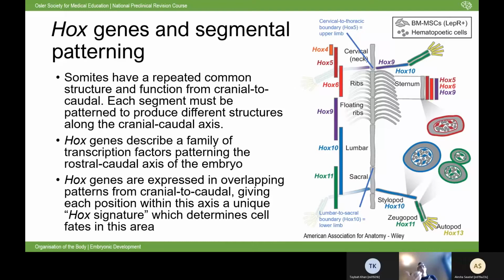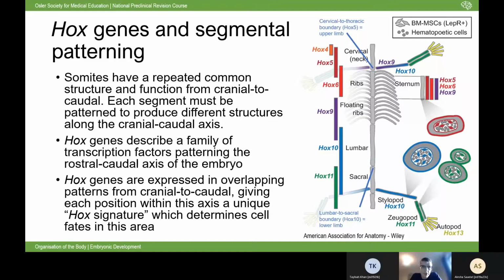So there has to be some patterning process taking place onto these somites to tell somites in one part of the body to form chest and trunk type structures, and those further down to form the sacrum and more lumbar structures.